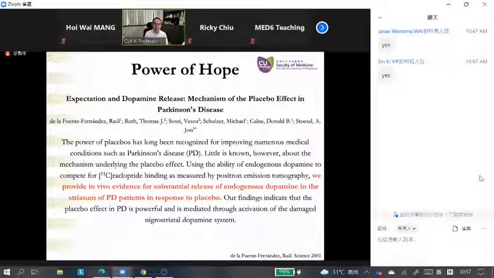So this case illustrates that the positive placebo effect for Parkinson's is very substantial. So if in the future you see Parkinson's patients, you need to be very positive, be nice to the patient, always encourage, rather than scold the patient, saying you're doing badly.